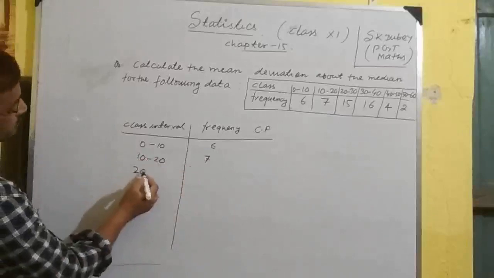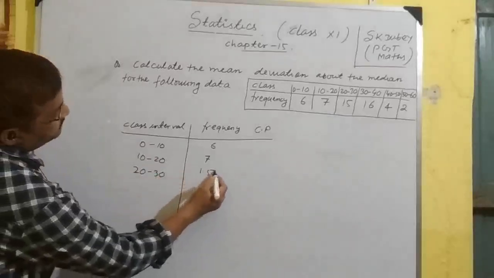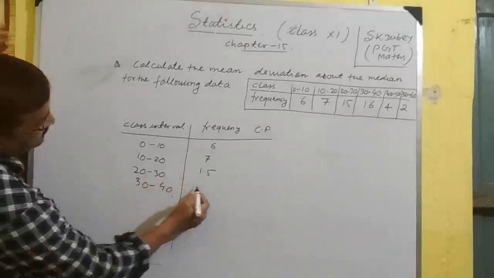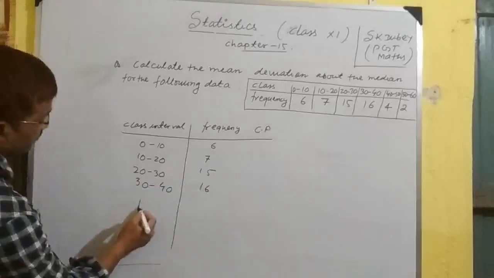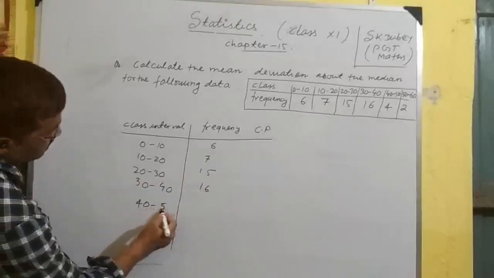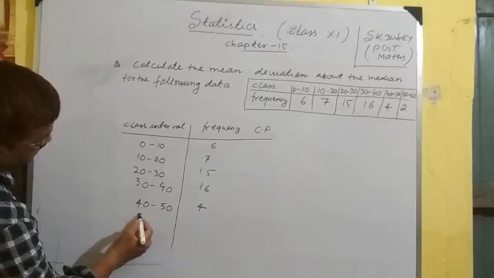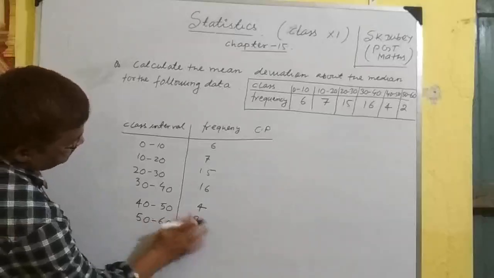The third interval is 20 to 30, frequency is 15. The fourth interval is 30 to 40 and its frequency is 16. Then 40 to 50 and frequency is 4. And the last one, 50 to 60, frequency is 2.